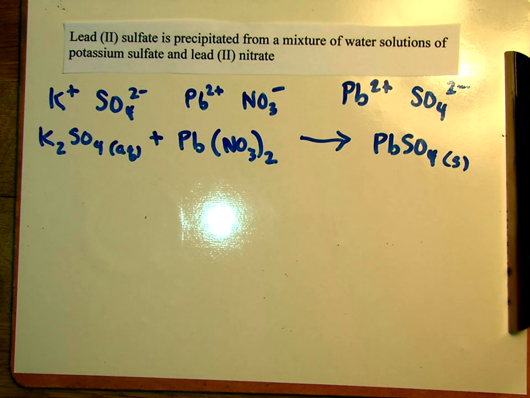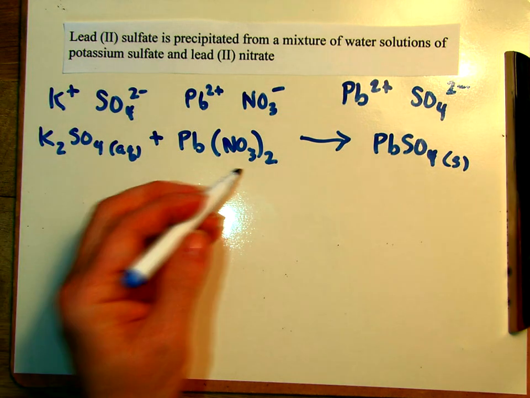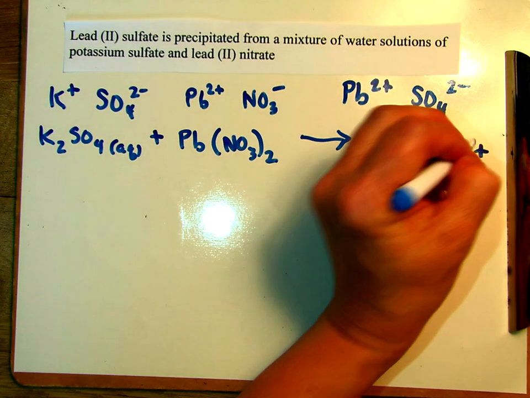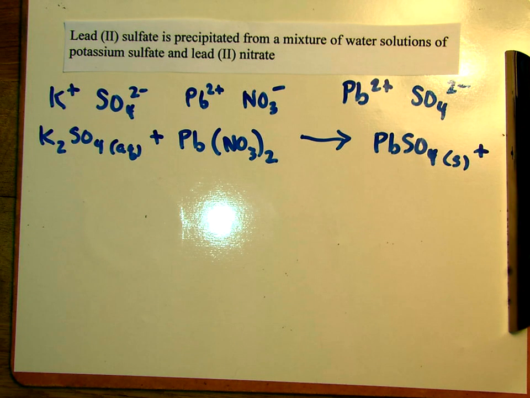Now you're probably looking at this saying, wait a minute, where did the potassium and the nitrate go? The potassium and nitrate aren't specifically mentioned in this sentence, but we can't create or destroy matter. That's what the physicists do. We don't do that in chemistry. So that potassium and that nitrate, what's implied is that they form a compound together.